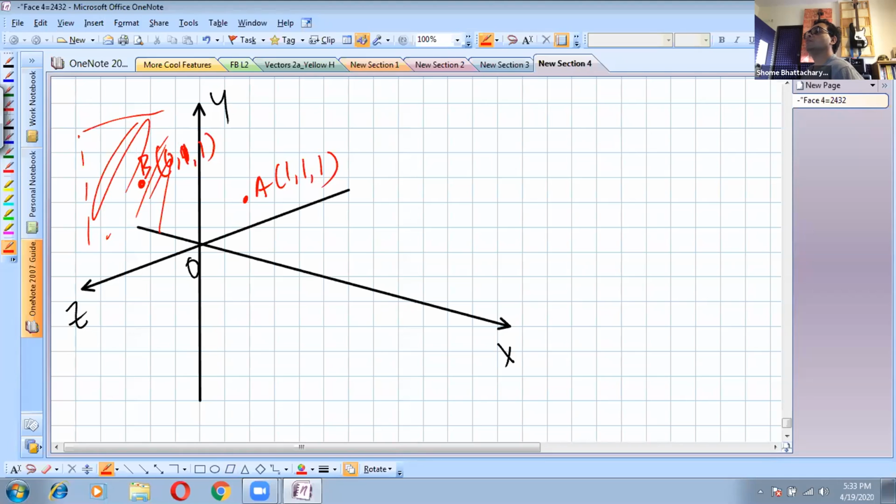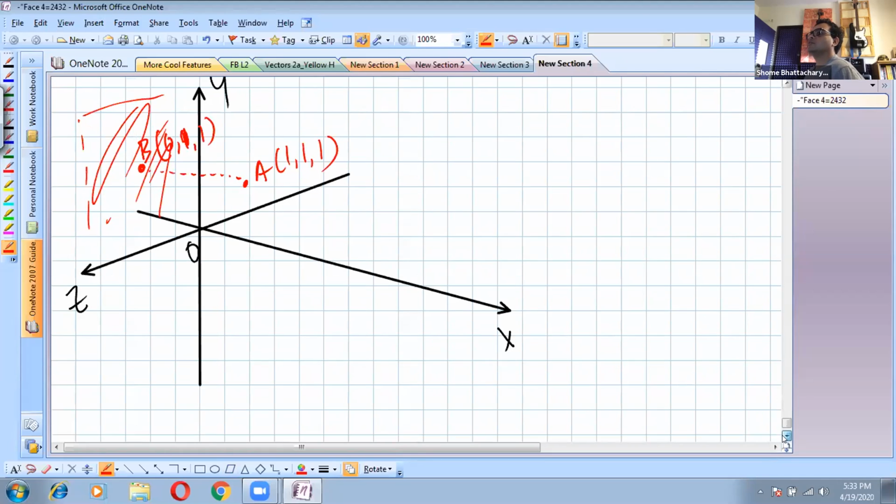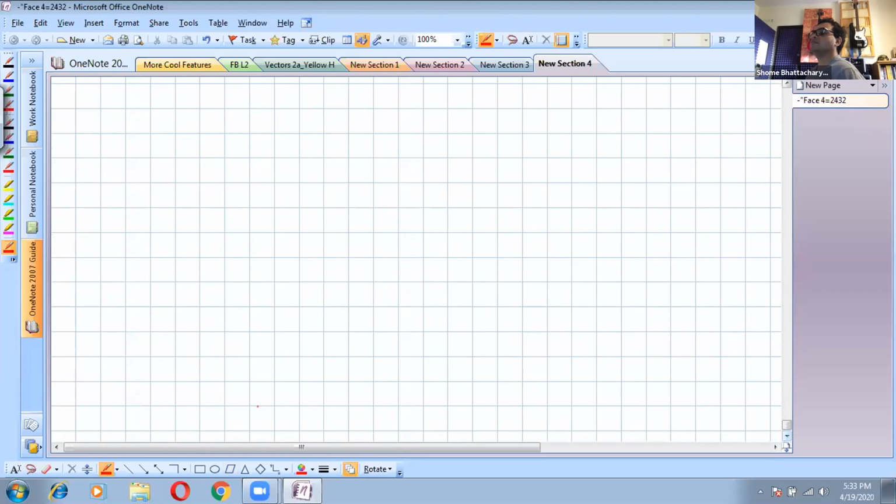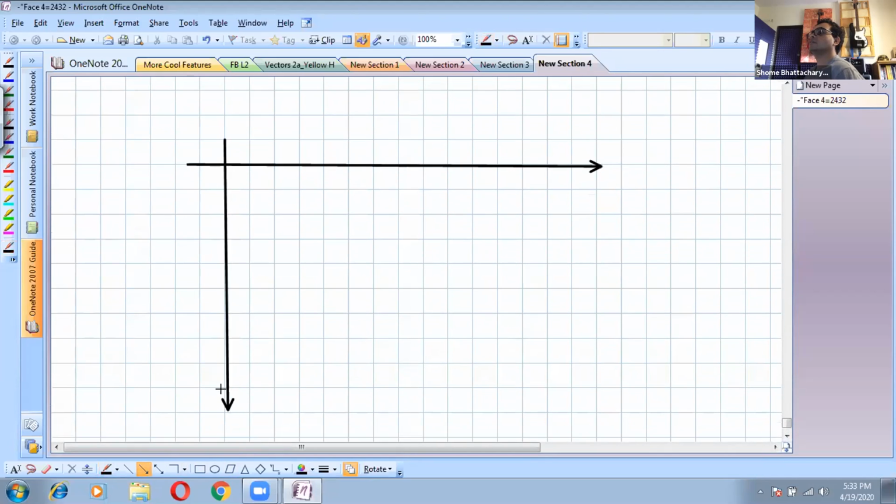So if this is my YZ plane, the point B will lie on it because its coordinates are 0, 1, 1. This straight line, first I'll visualize from the top. Let me visualize that straight line looking down the y-axis. Looking down the y-axis, I'm seeing the x-axis like this and the z-axis like this.